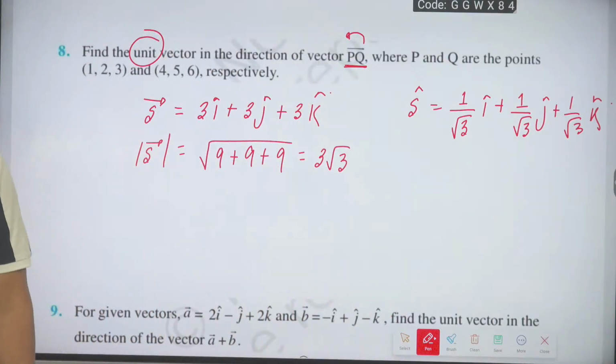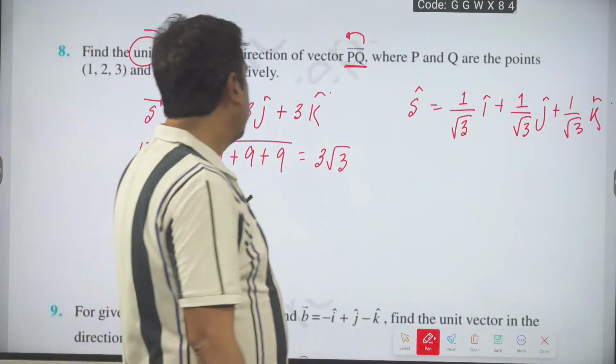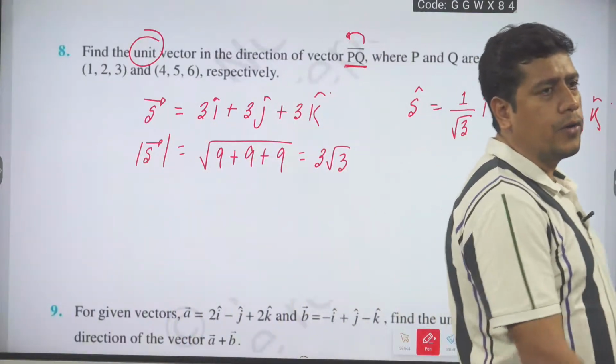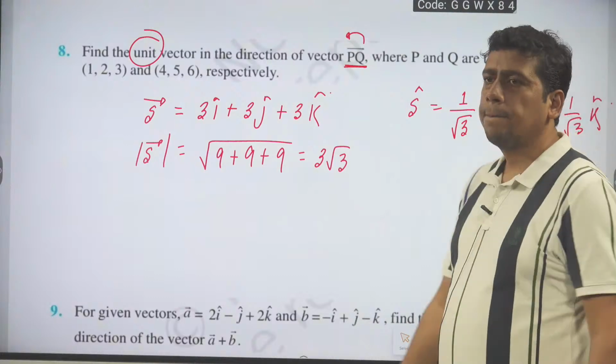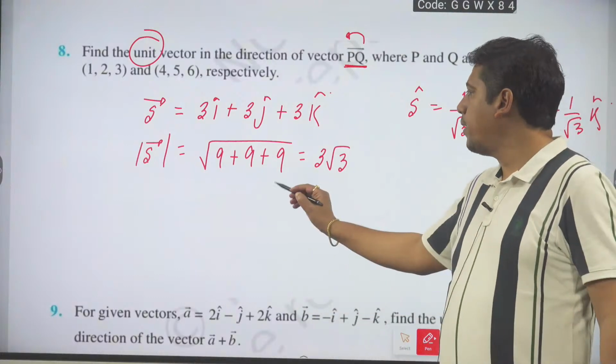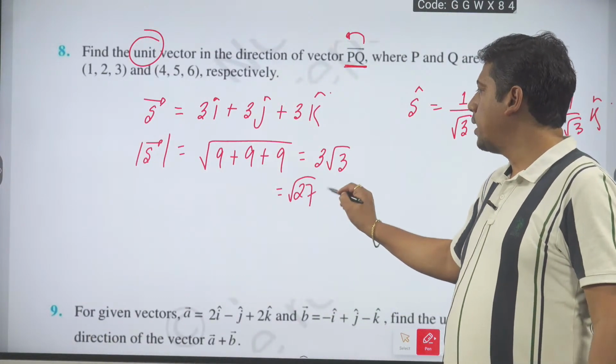Root 27 we can write 3 root 3, then 3 and 3 will get cancelled if you divide it. Please understand.